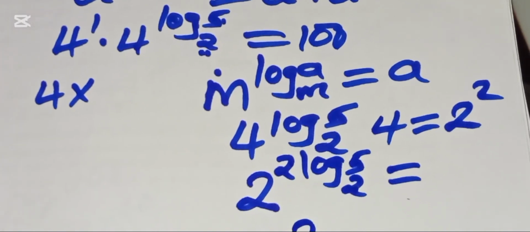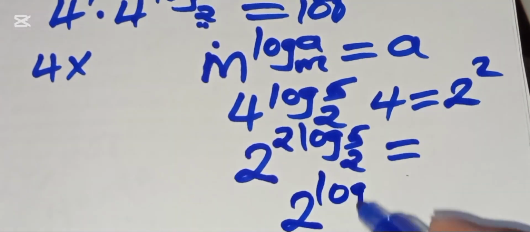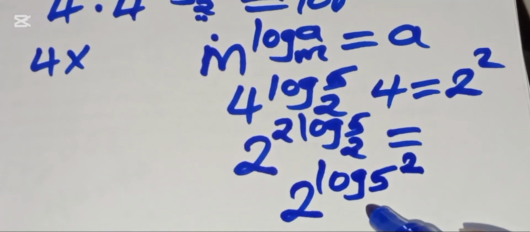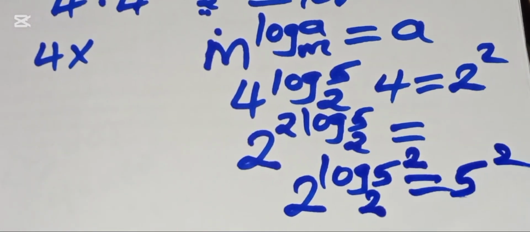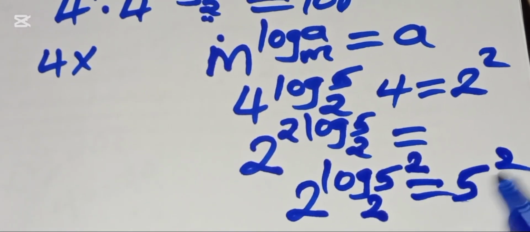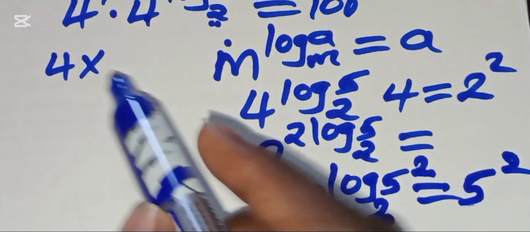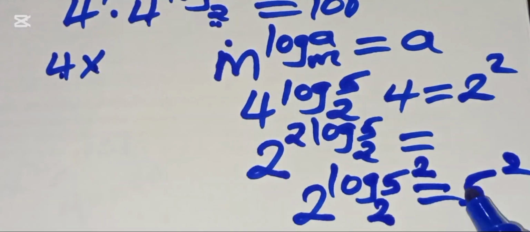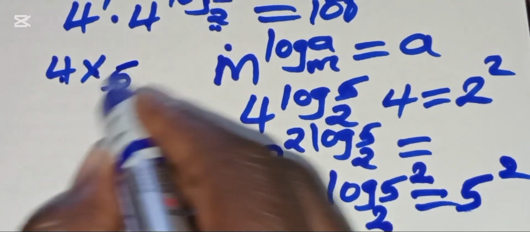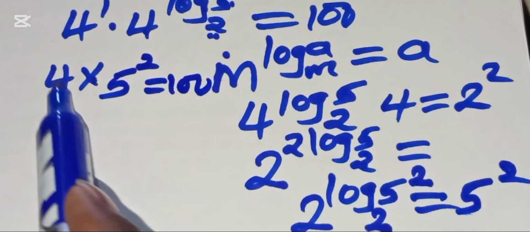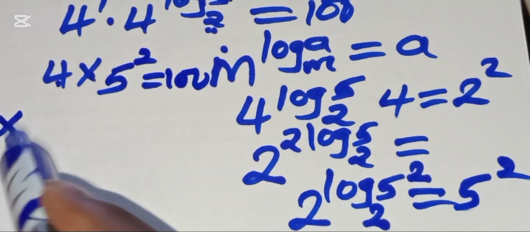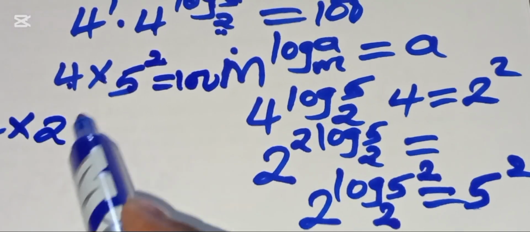This is the same thing as 2 raised to power log 5 raised to power 2 to base 2, and this is equal to 5 squared. So let's substitute this back into our equation. We'll have 4 times 5 squared, which is supposed to give us a value of 100. So this is 4 multiplied by 5 squared, which is 25.